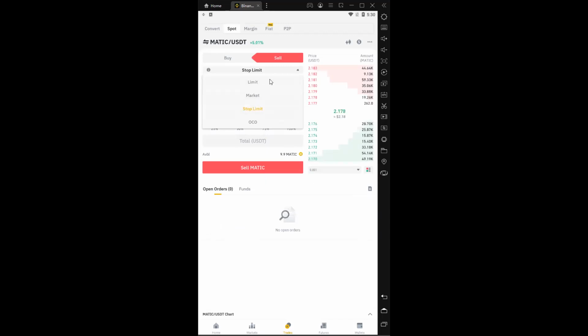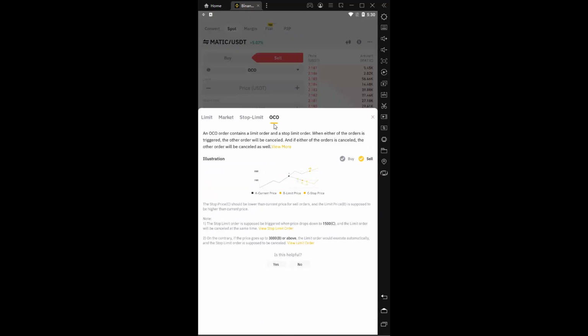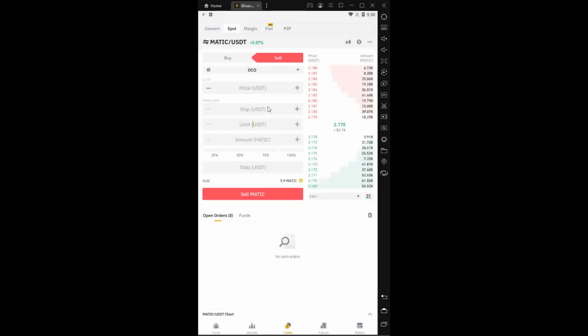So OCO adds an extra layer. It's just like a stop loss too, but it goes the extra mile. It has the usual stop limit: if this coin gets to 2.16, sell it for me at 2.16. But you also want to take profit.